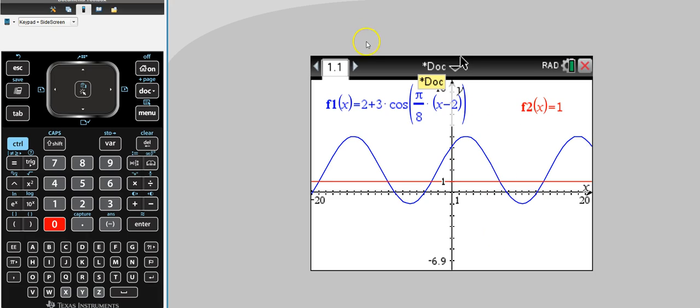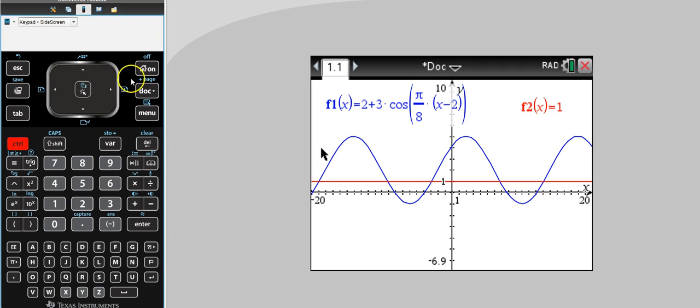Another way to check your solutions is to just type them into the equation. The nice thing is once you've done the graph, this equation is already typed in on your calculator.